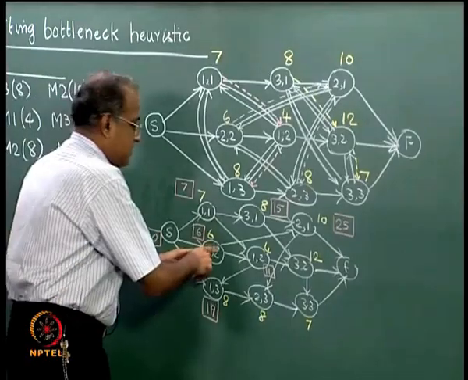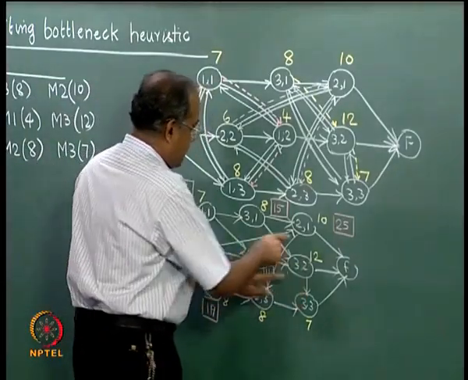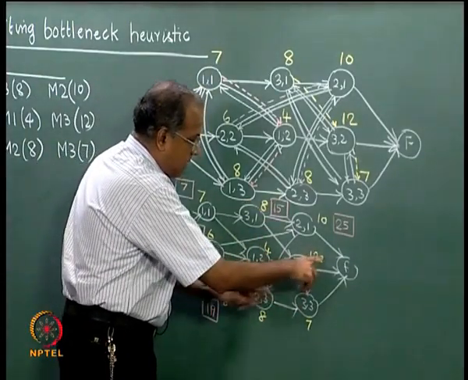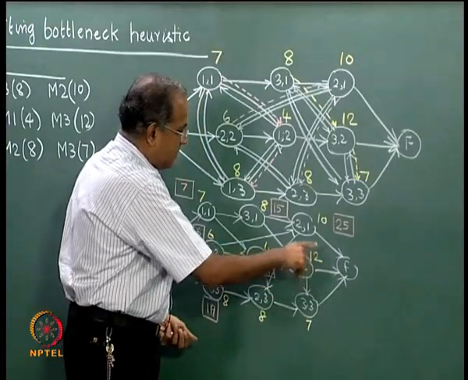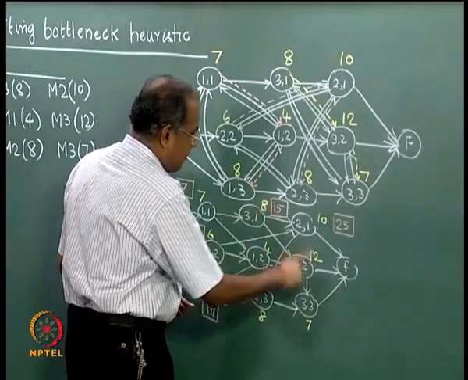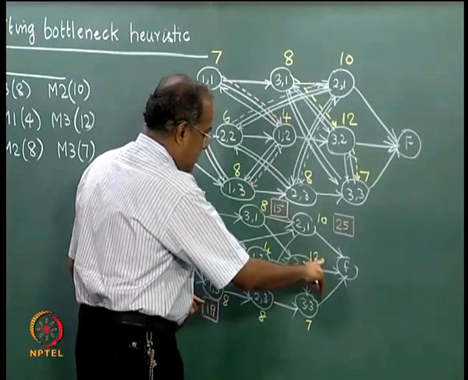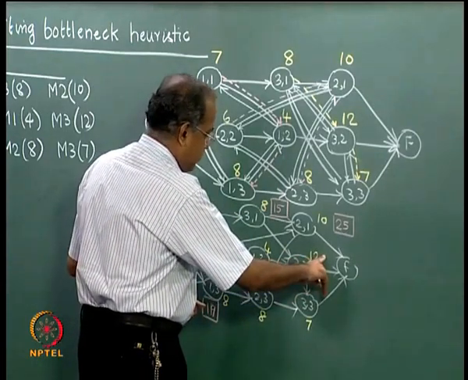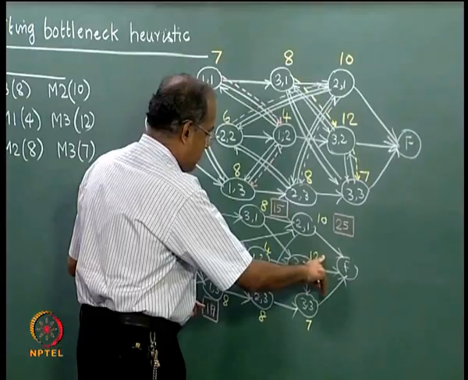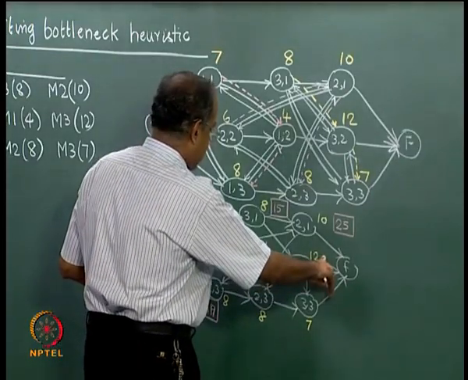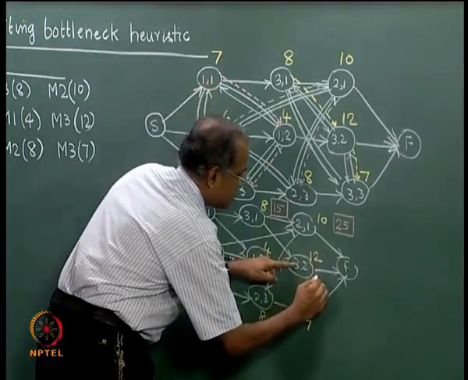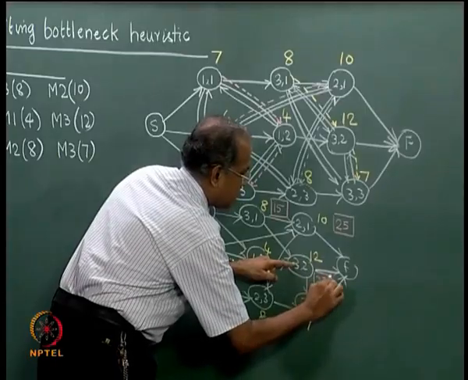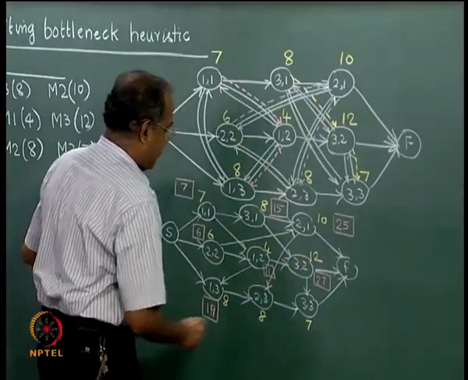Now we have evaluated this node, now we have to evaluate this node. So this is 15 plus 12, 27.